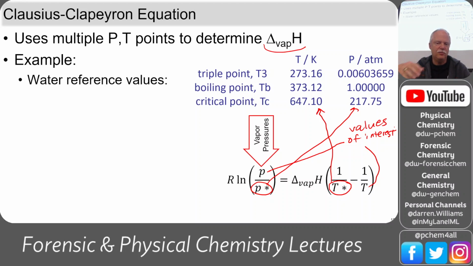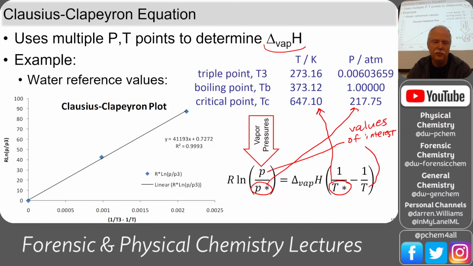If you're interested in its room temperature value, notice none of those starred values is room temperature. We have 273, 373, and 647. What's the vapor pressure of water at 298? That would be the P and the T, the non-starred pieces. So 298 would be the T, and we can solve for P at room temperature. So that's what the Clausius Clapeyron equation is useful for.